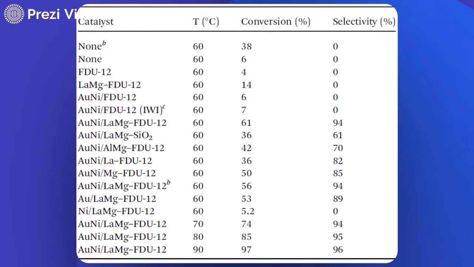However, the activity and selectivity of the system with single lanthanum or single magnesium is relatively low. We can also see the single nickel has rarely conversion and selectivity, but when it is added into gold catalyst, it can enhance the gold catalyst performance a lot.